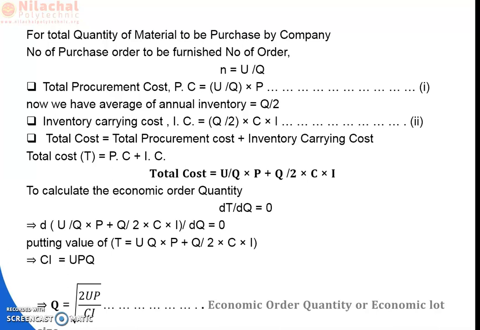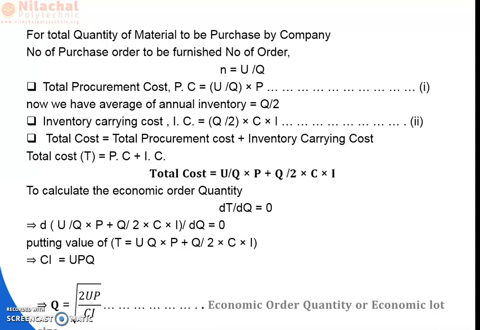So the number of orders can be found as U by Q, so N is equal to U by Q. The cost of placing an order is P. So the total cost for making that number of orders will be N into P, that is U by Q into P. This is your total procurement cost or purchasing cost: PC is equal to U by Q into P.